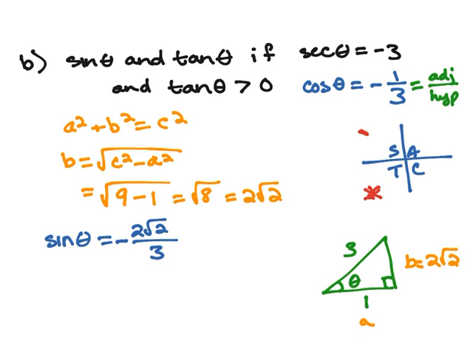So sine must be negative. We're asked to find tangent theta. Tangent is opposite over adjacent. So we're going to get 2 root 2 divided by 1, but I don't need the divide by 1, right? And we're in quadrant 3 where tangent's positive, so it's positive 2 root 2.